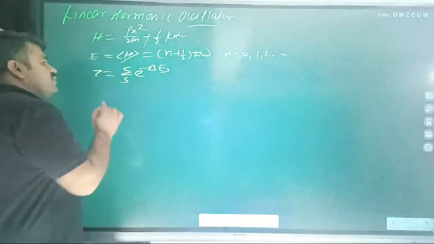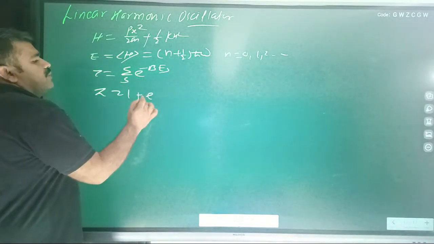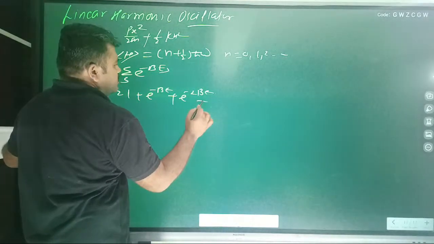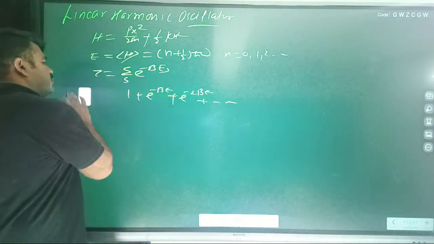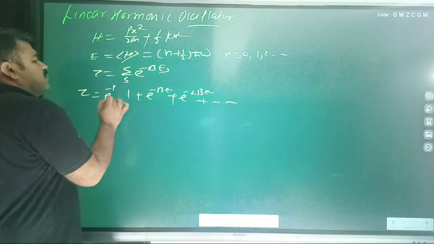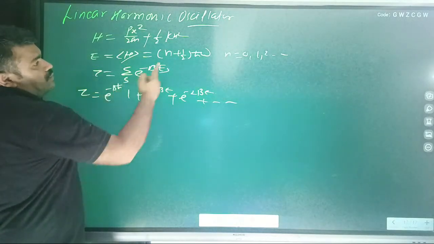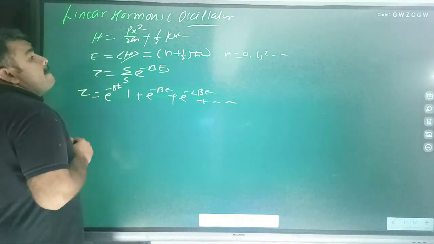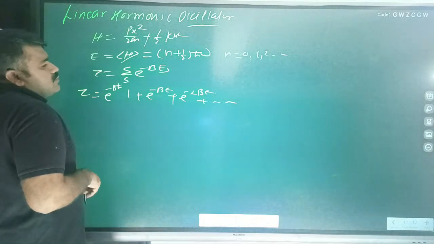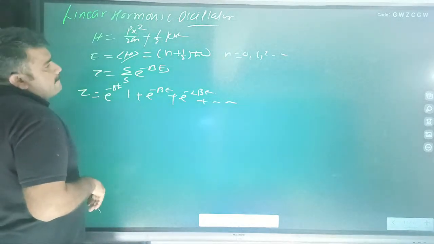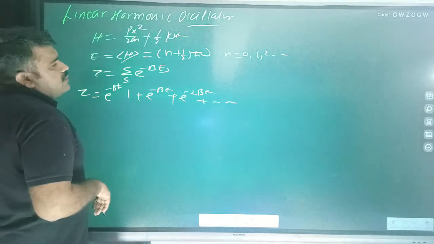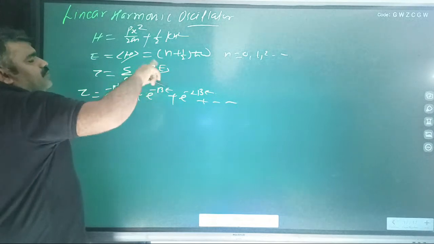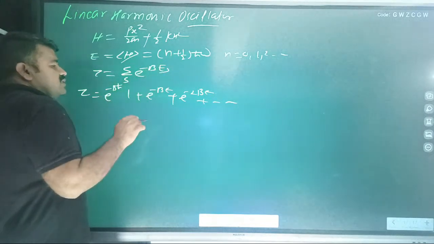We can substitute this and get a series like that: 1 plus e to the power minus beta epsilon plus e to the power minus 2 beta epsilon and so on. The energy is (n plus 1 by 2) h cross omega. This splits into n values 1, 2, 3 and so on, with beta h cross omega.